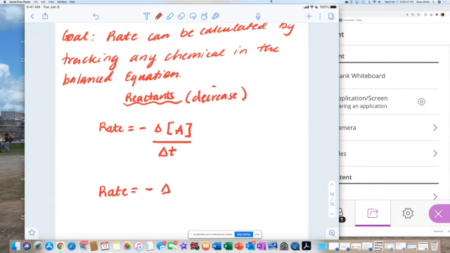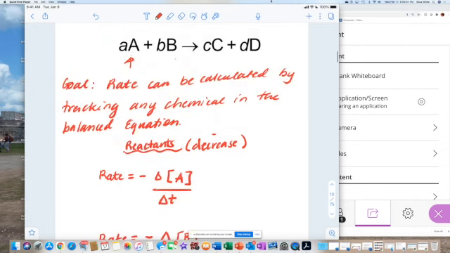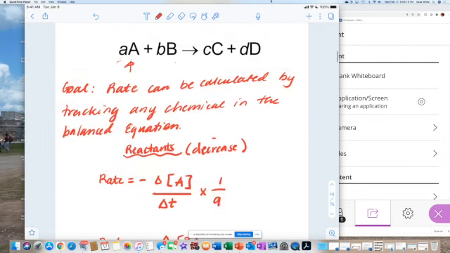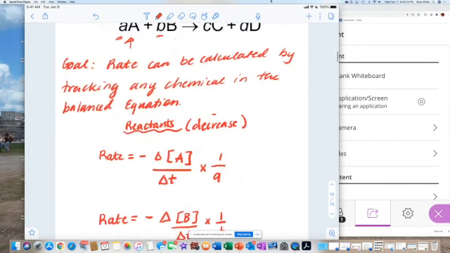I'm not done. Change in B over change in time. But if these coefficients are numbers that are not 1, then I have to multiply them here. Okay, so I have to multiply them here. Take this number times 1 over A, the coefficient of this. Here times 1 over B, the coefficient of this.